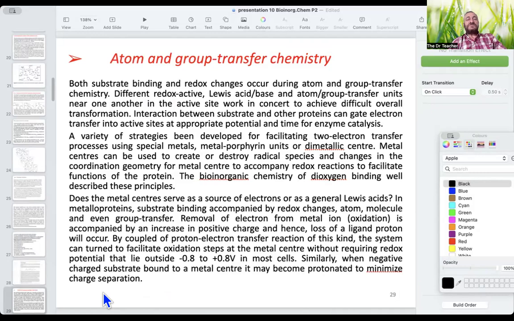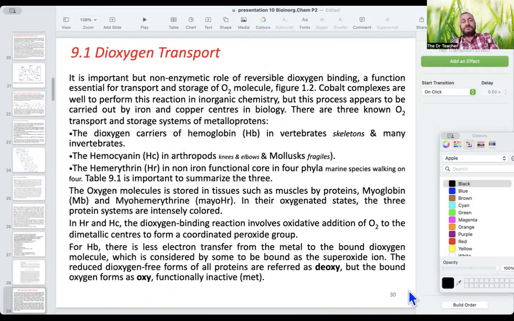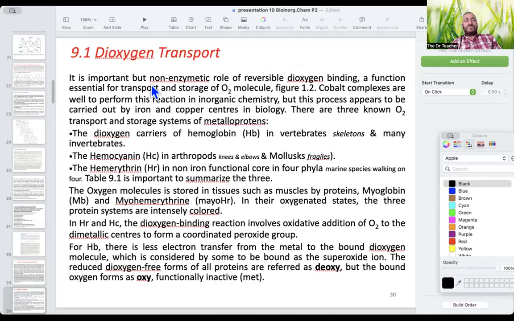So atom and group transfer chemistry, of course we studied the group transfer and how we can use it. The bioinorganic chemistry of dioxygen binding was well described, these principles and the rest. Dioxygen transport, non-enzymatic role, reversible dioxygen binding. This as well was in my thesis.